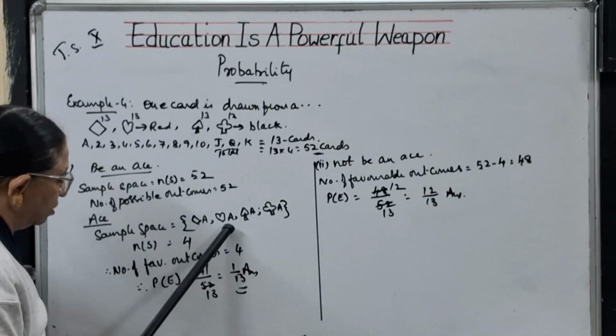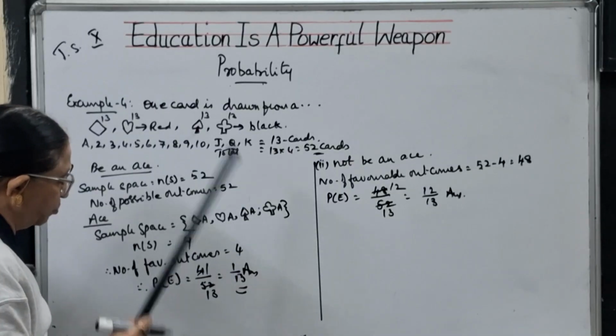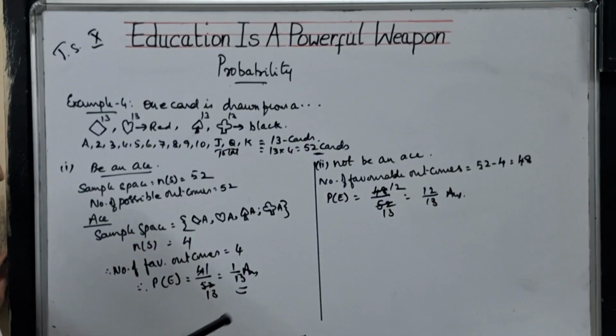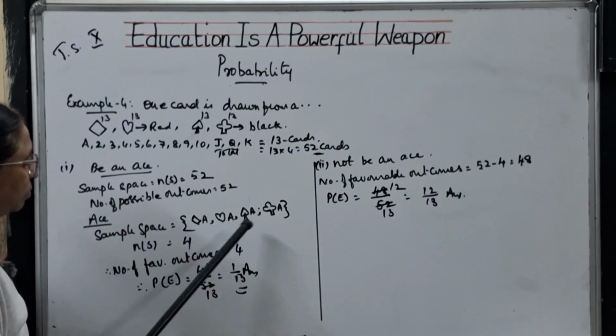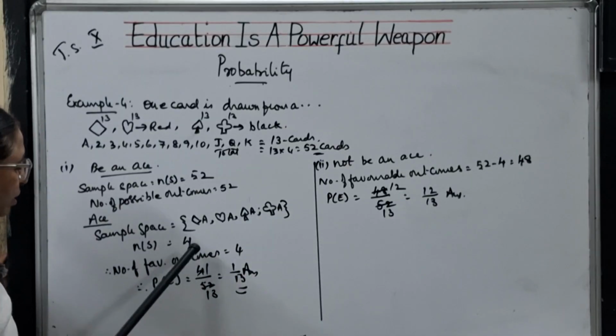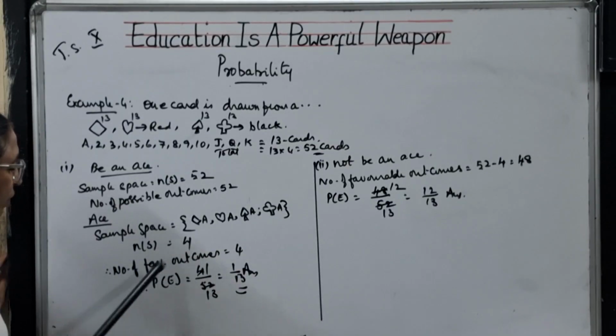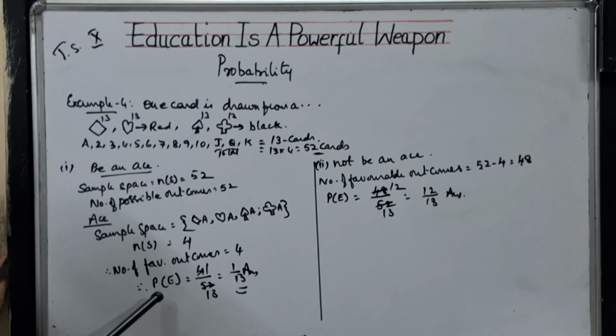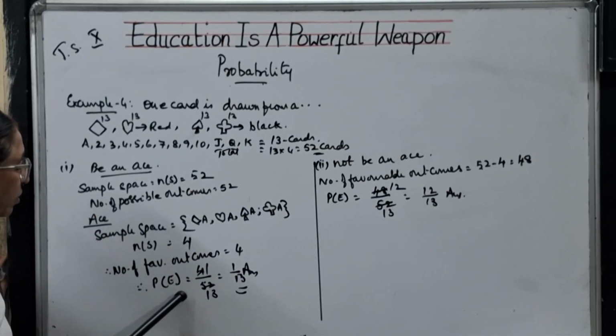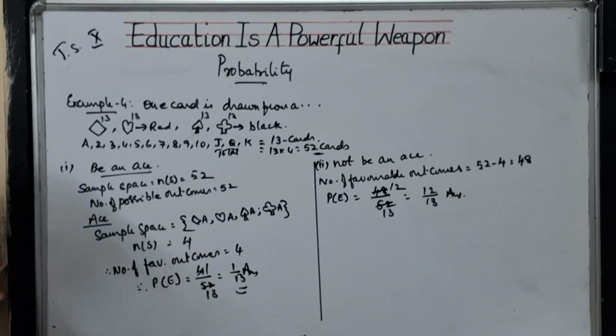Diamond ace, heart ace, spade ace, club ace. So total 1, 2, 3, 4. The number n of S is 4. That means favorable outcomes are 4. So the probability of getting this event is 4 by 52, that is 1 by 13.